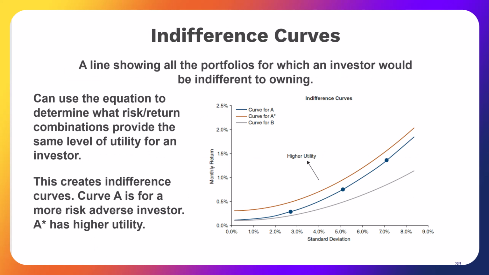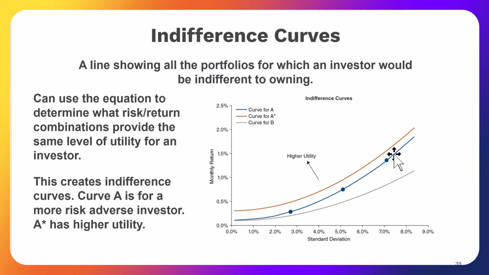So indifference curves identify all the portfolios that you can create that have the exact same utility. That is, they have the exact same benefits. So curve A here is for a riskier investor.